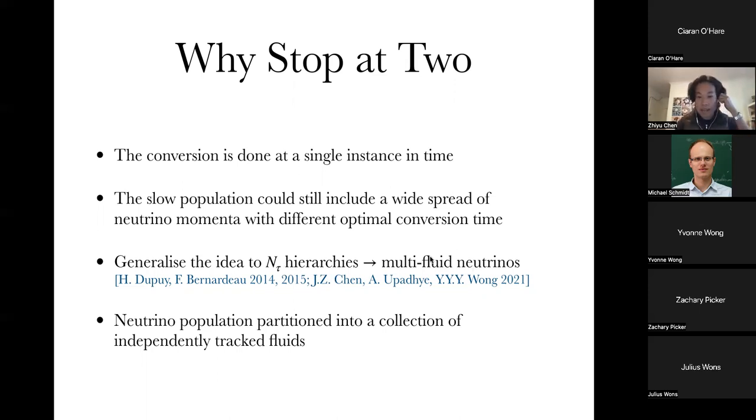This relies on a framework we implemented called multi-fluid neutrinos, developed by Dupuy and Bernardo, which takes the same approach of n different hierarchies and separates the neutrino population into n different fluids, each tracked by an individual Boltzmann equation, and they only interact with each other via gravity.